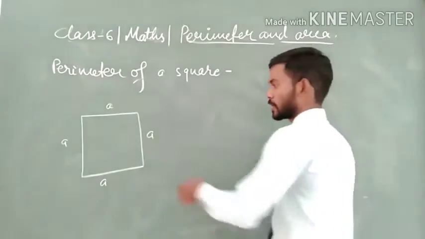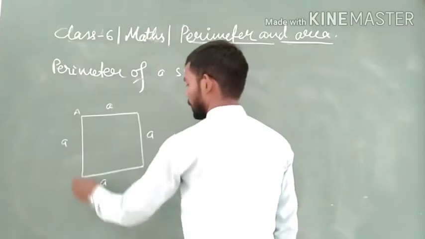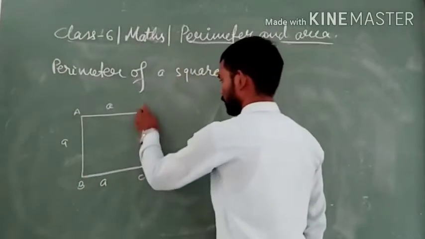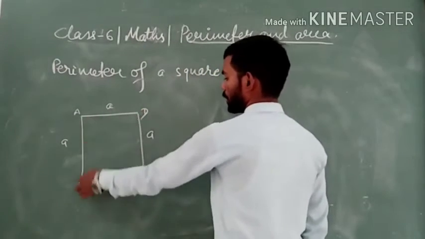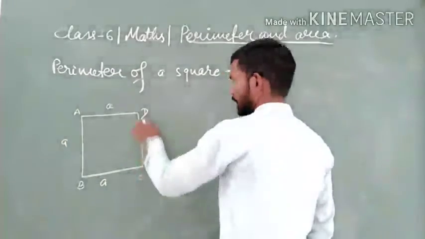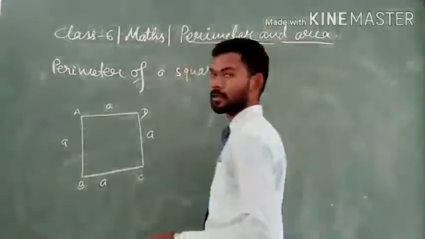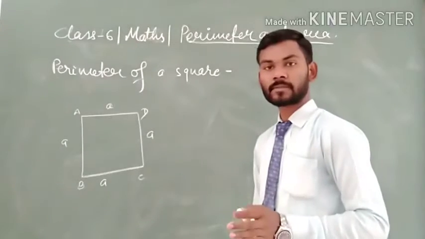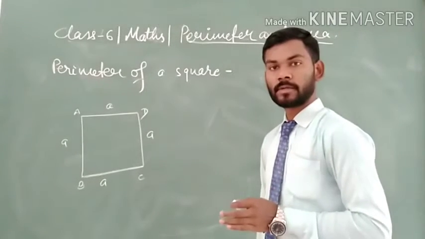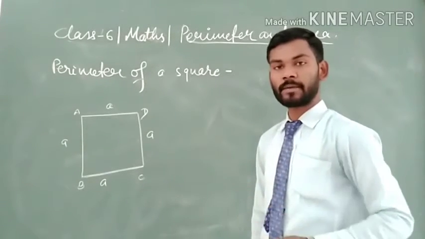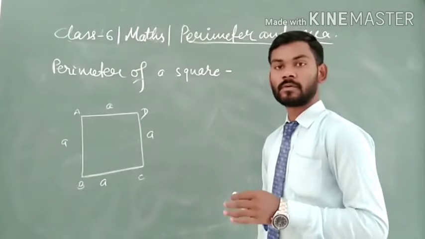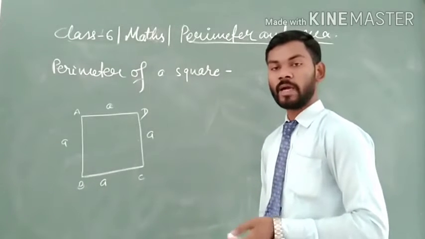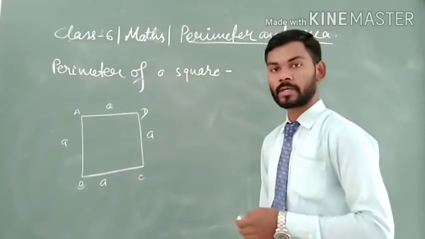What is its boundary? If I name it ABCD, then AB, BC, CD and AD is its total boundary. So in this case, to find the perimeter of a square, we shall find out the total length of the boundary.